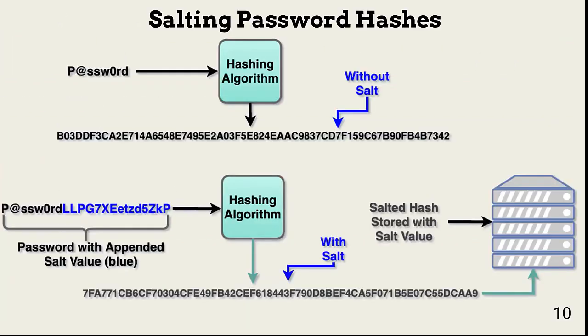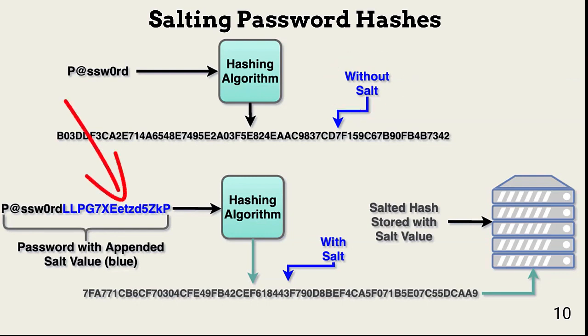One way to prevent simple hash comparisons is to add a salt value to the hashing process. Salting is a process of adding a set of random characters to a password before it's hashed. The random characters and the password are hashed as one plaintext string. The top example is our previous hash value with no salt. This hash would be easily cracked with hash comparisons.